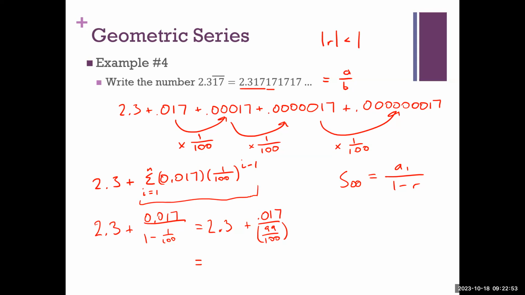So 2.3 is 23 over 10, and we can represent 0.017 as a fraction, 17 over 1,000, over 99 over 100.